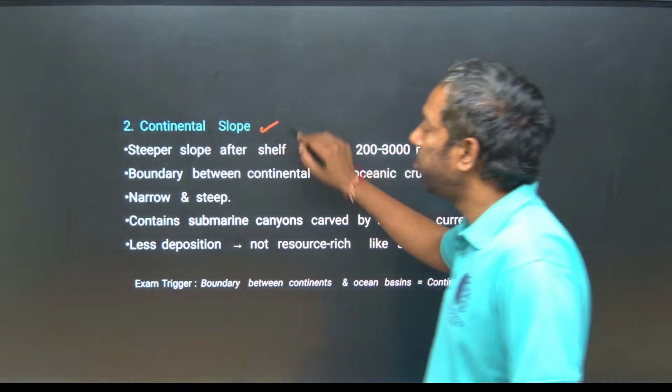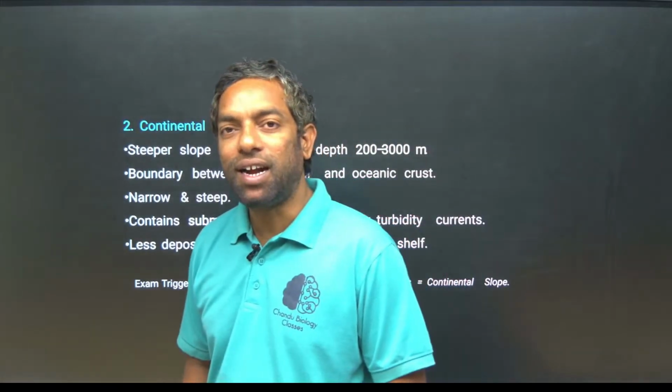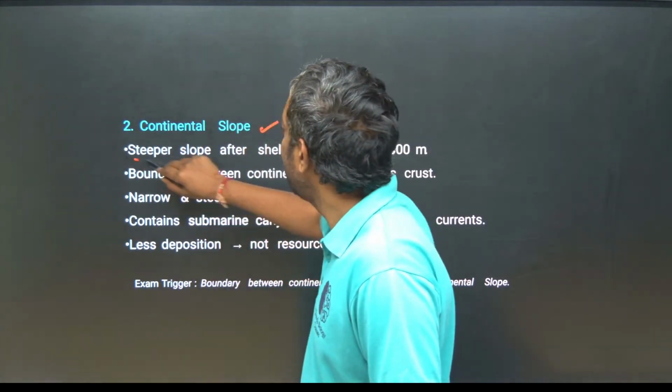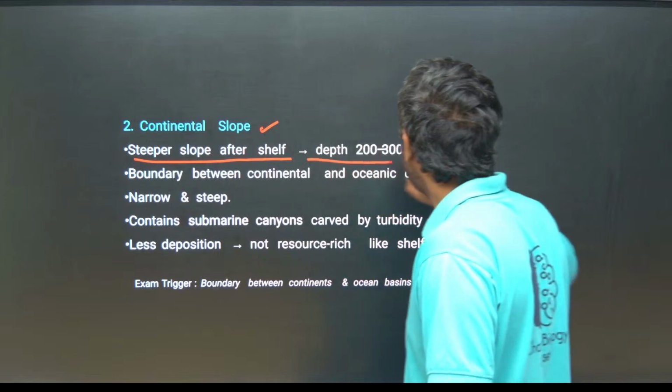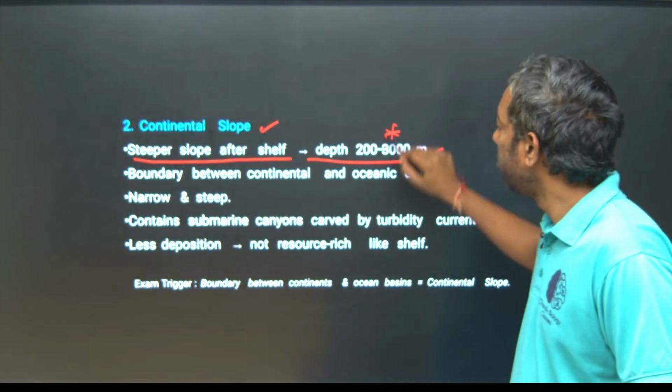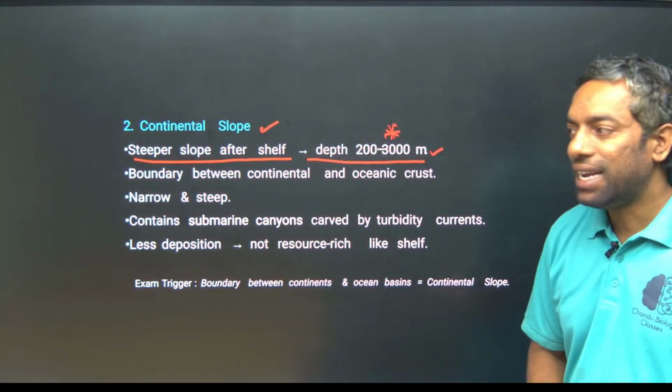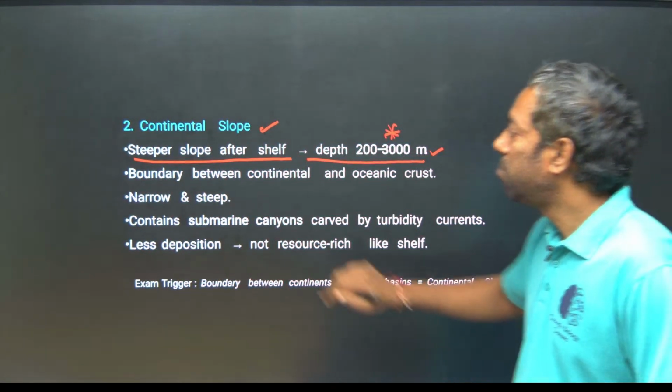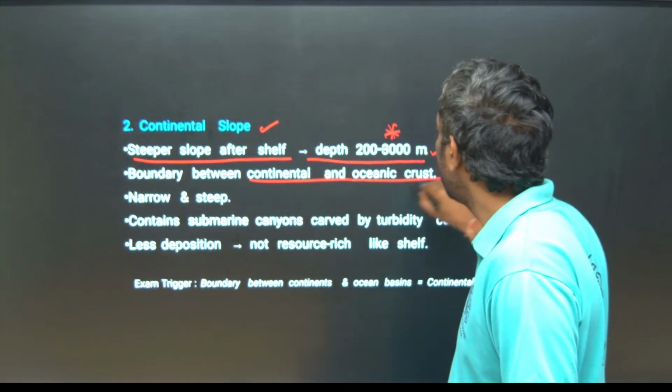After the continental shelf comes the continental slope. It is the steeper slope after the shelf, at a depth of 200 to 300 meters. This is important. It is the narrow, steep boundary between the continental and oceanic crust.